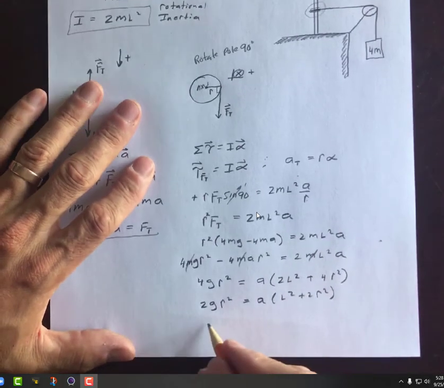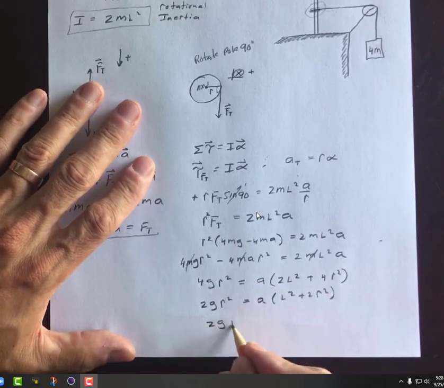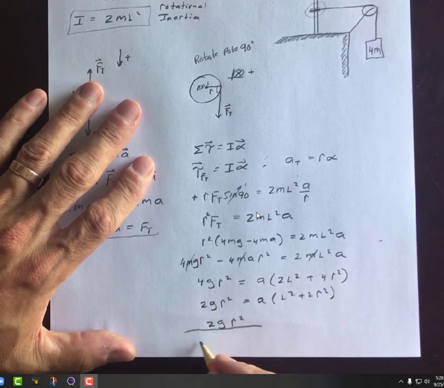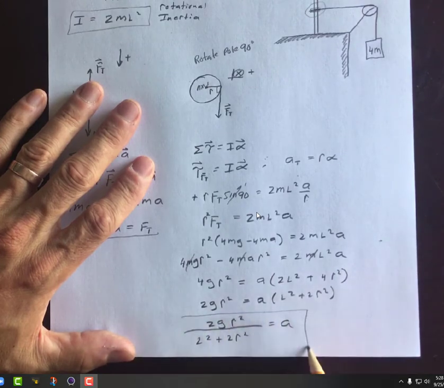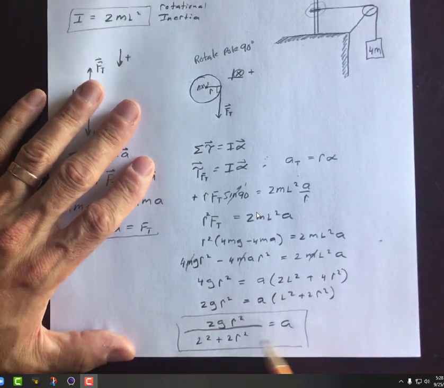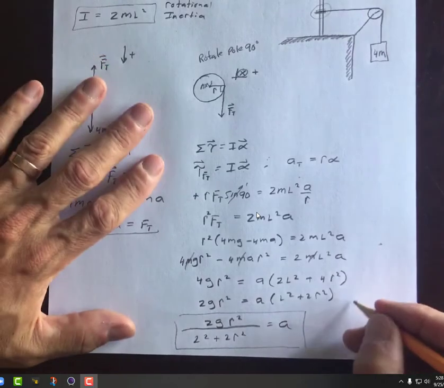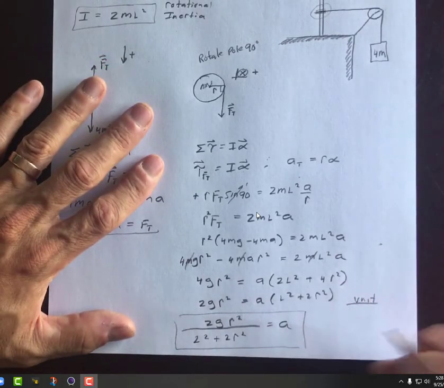And now I'll divide and come up with my final answer. This is not a common form for acceleration I'm used to, so I'm going to do a quick unit check.